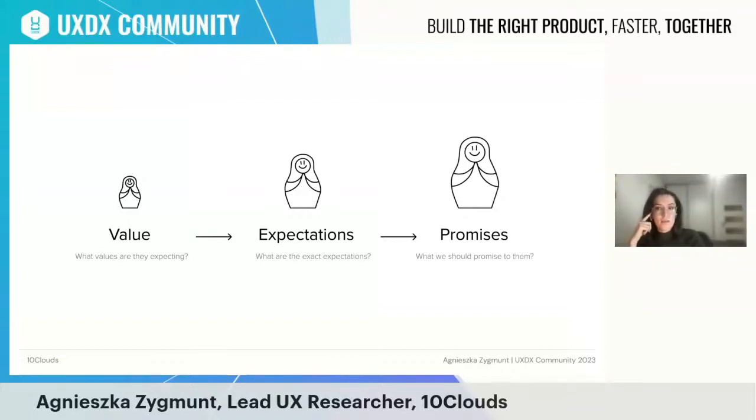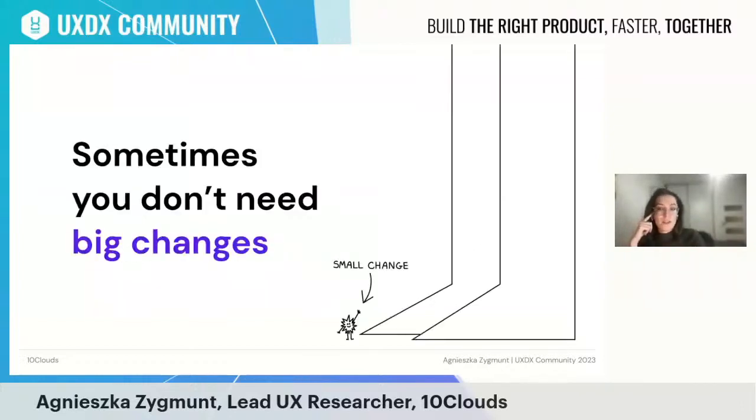But to be honest, by using these two things, promises fulfilling values and value expectation to promises, you can find out that sometimes you don't need big changes. It's helping you to understand the user better and to understand what you exactly need to change in the design, but also in the communication to fulfill the promise to give the value.